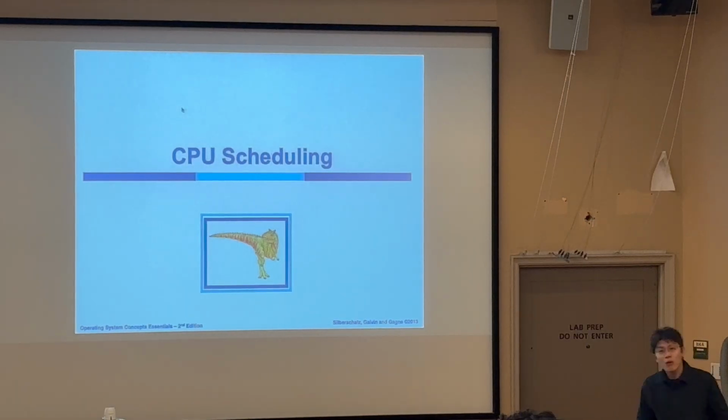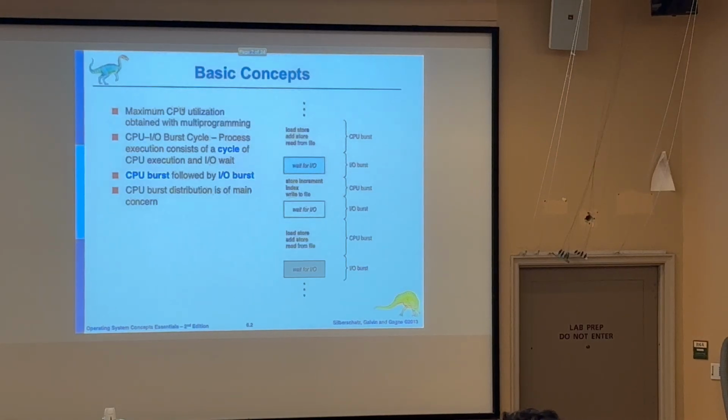Okay. Now we're going to take a step back. Why we need to do this and how to do it in a way that is helpful. All right, so look at this diagram. Let me ask a simple question. Why do we want to do this scheduling?